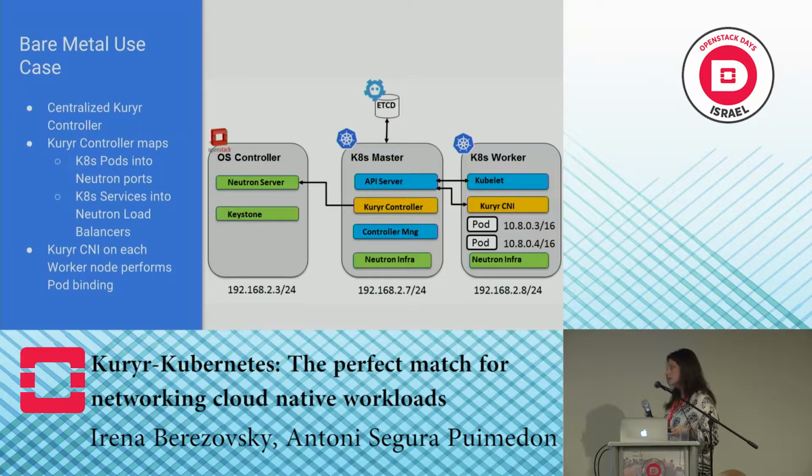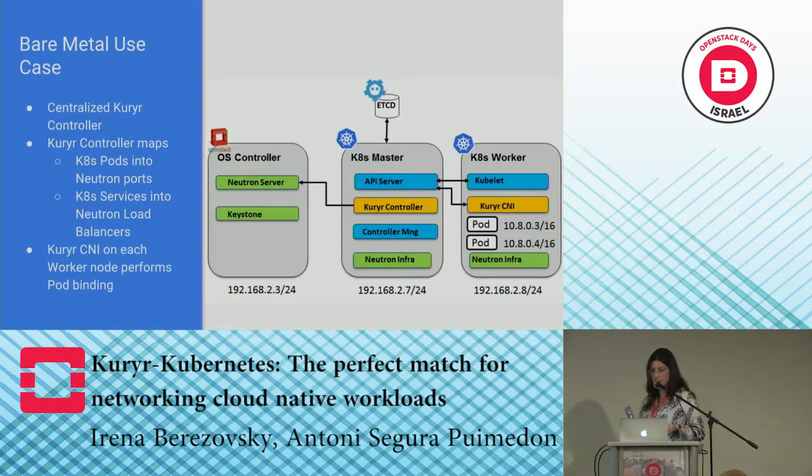So one of the use cases that we support is the bare metal use case, where your containers are deployed on bare metal machines. This is usually used to provide better performance and when security is not the main concern. So maybe some testing clusters can use this model.